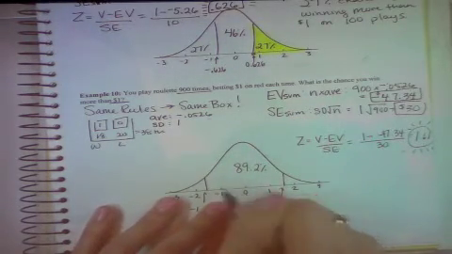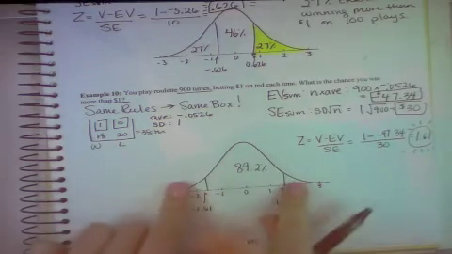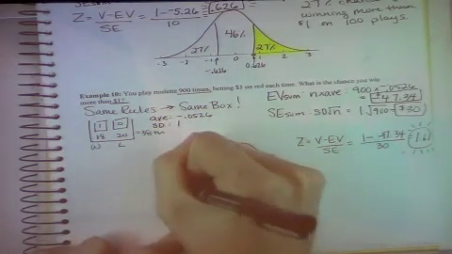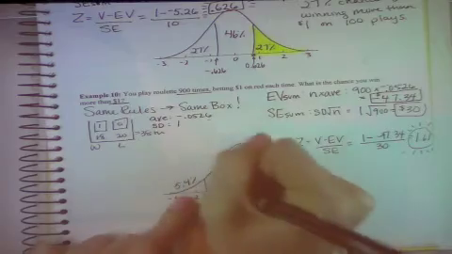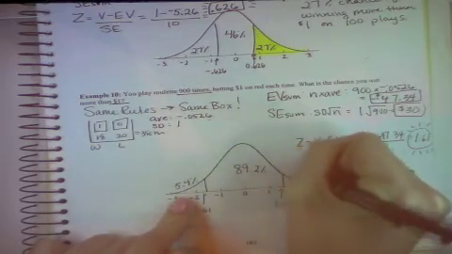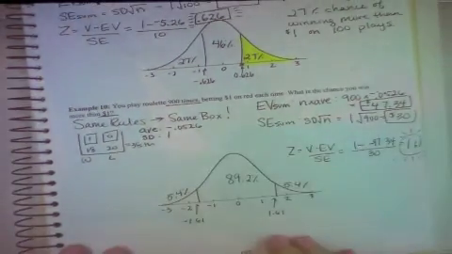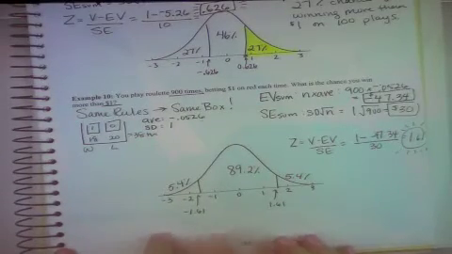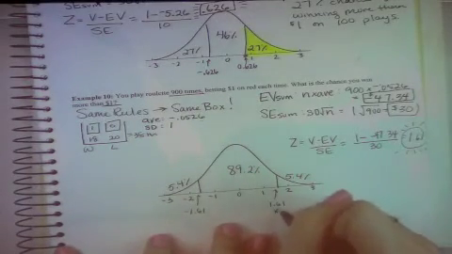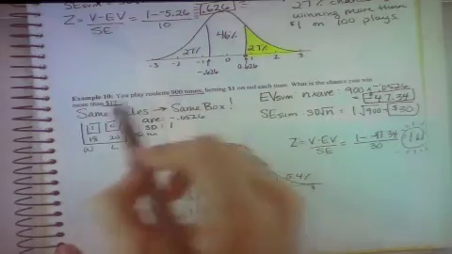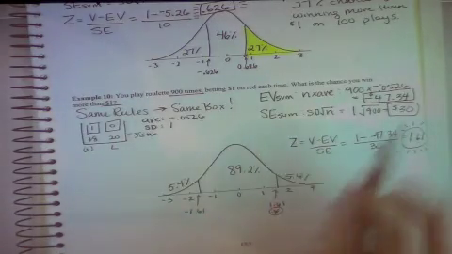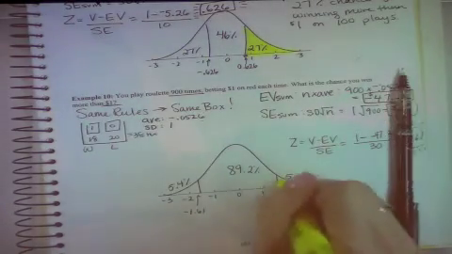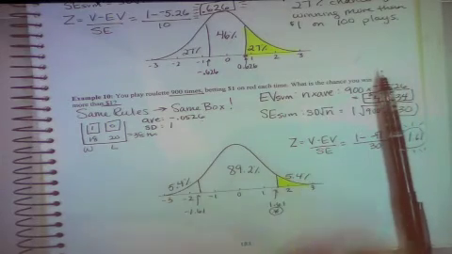So 100 minus 89.2 divided by 2 is going to get us 5.4% on the left tail, 5.4% on the right tail. All the information's there. It's a matter of interpreting. So our z-score is 1.61. We're concerned with getting more than that amount. So what do we see? 5.4%.